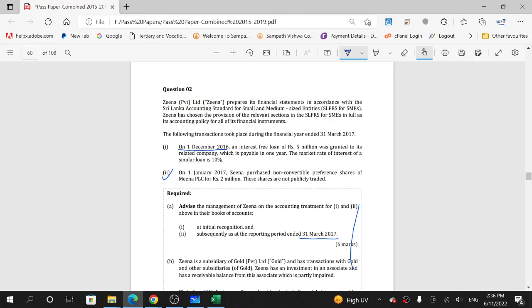Non-convertible preference shares should be measured initially at transaction cost of rupees 2 million, as there is no publicly traded market.